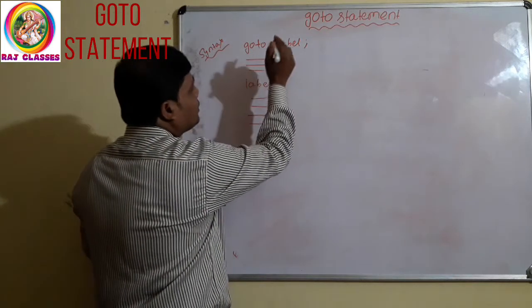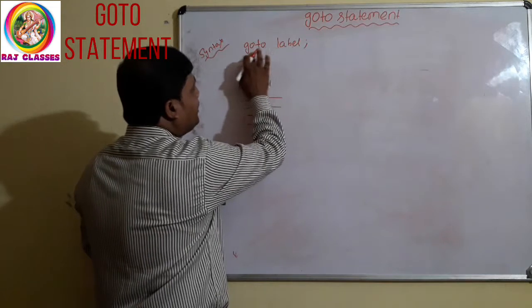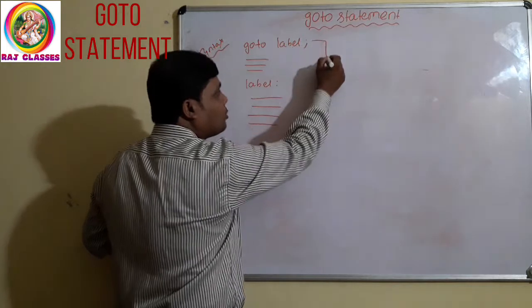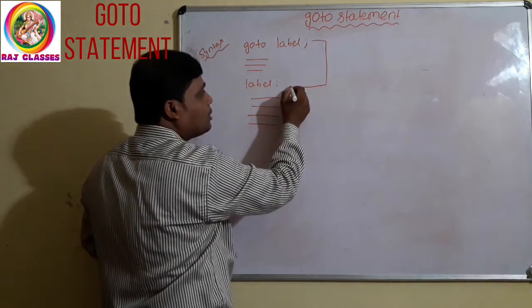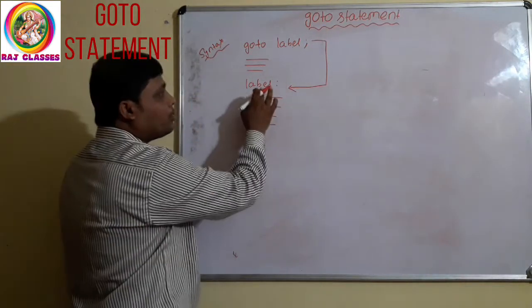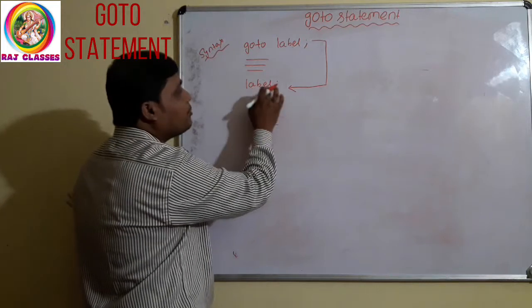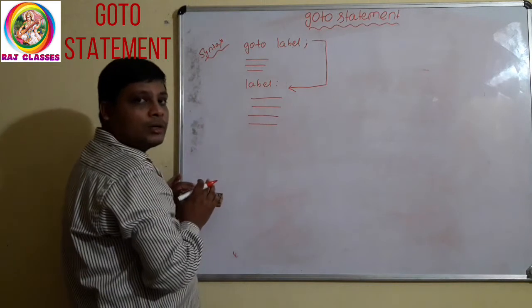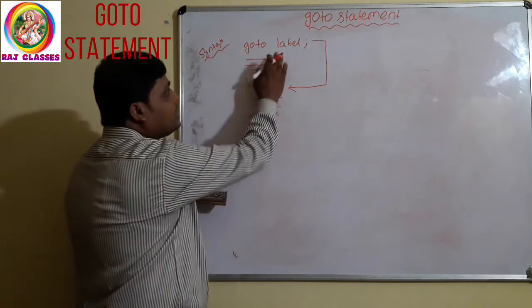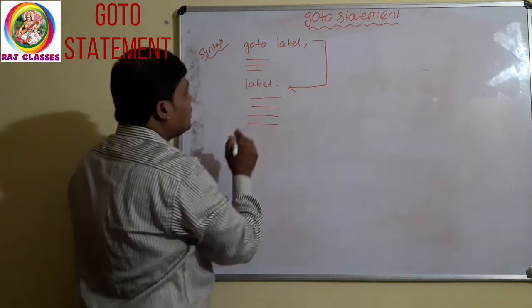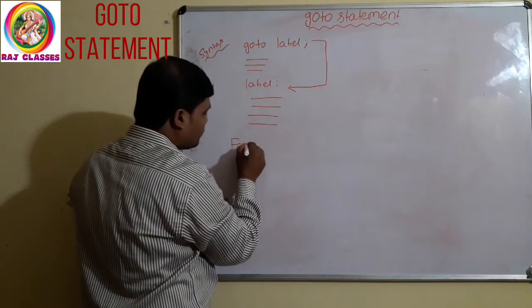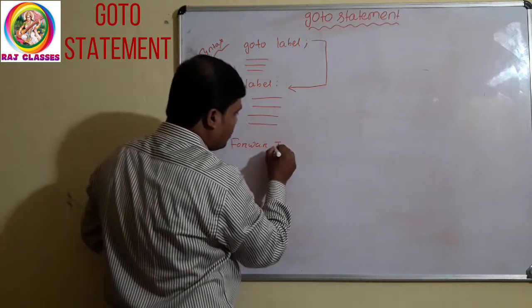Here you can see, I have already told the goto statement will transfer the control from one part to the other part where the matching label is found. Clear? This type of jump is called what? Forward jump.